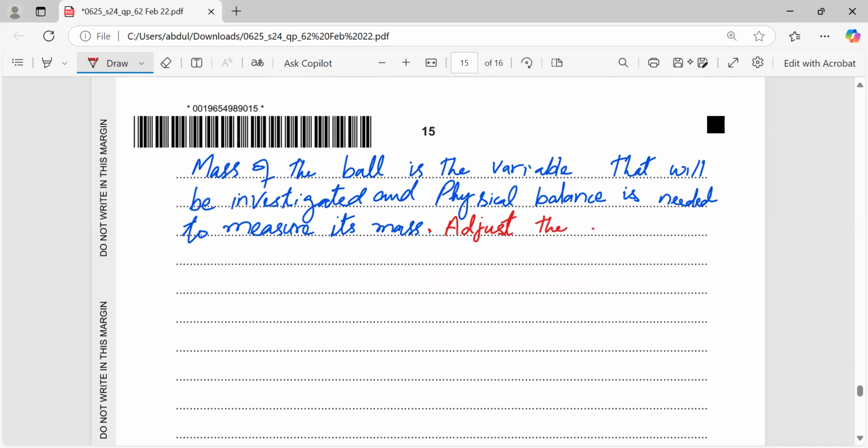Adjust the apparatus as shown in the figure.